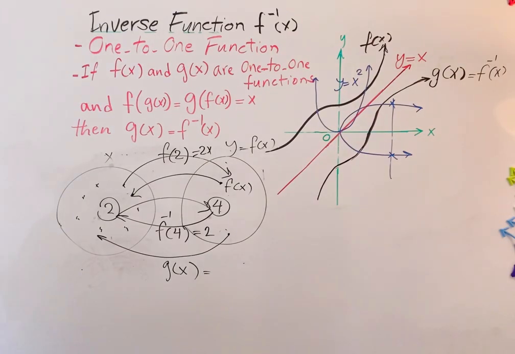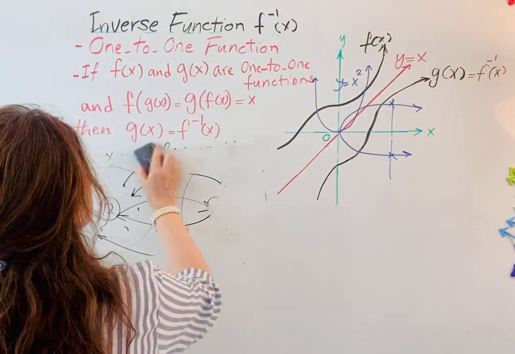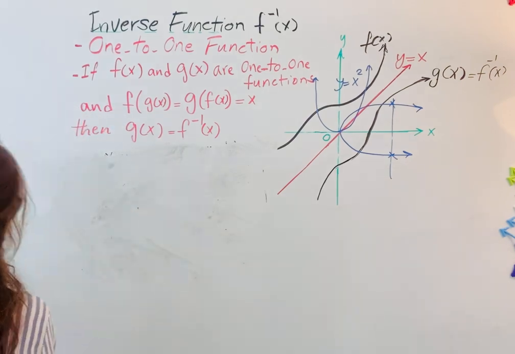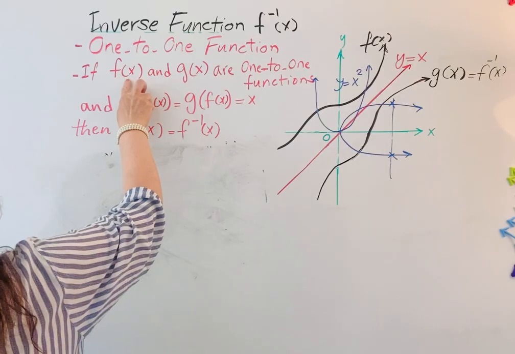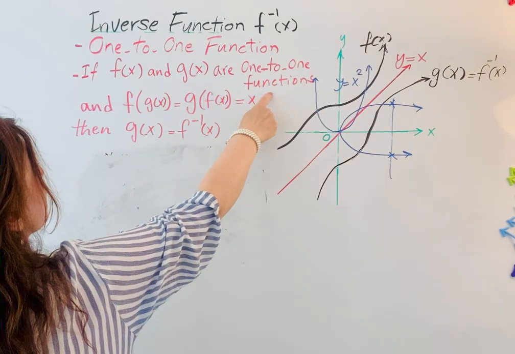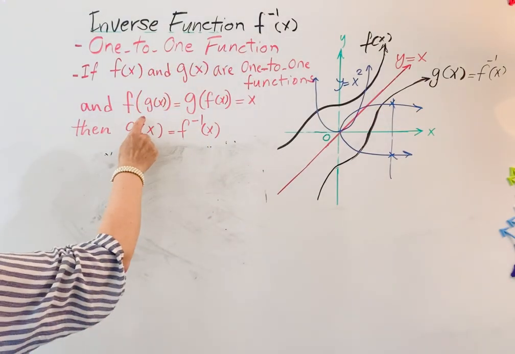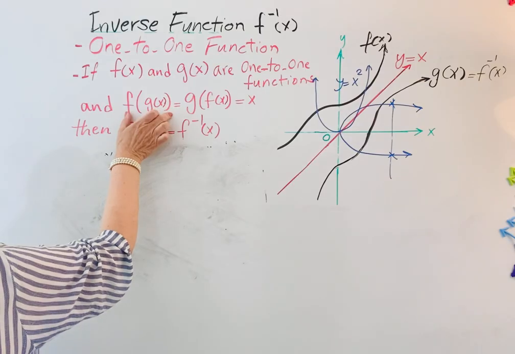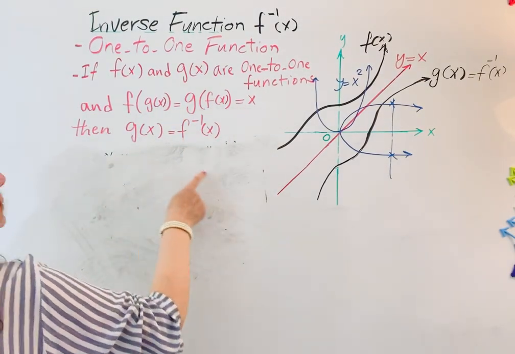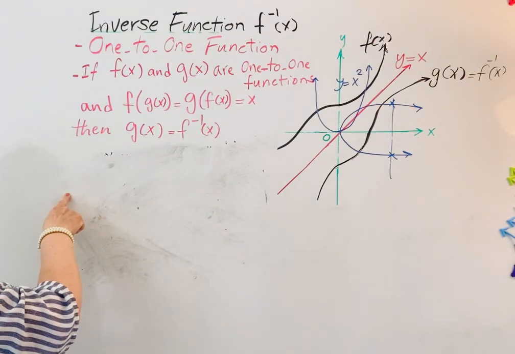Okay, so we can conclude that the composition of two functions, if we have f of x and g of x, and they are one-to-one functions, they are inverse to each other, it must be that the composition of this one equals this one equals x. Because x goes to the other side to the range and comes back exactly to its place.